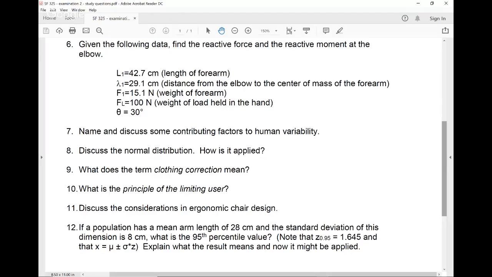And if you remember from the assignment that you did, generally the torque is less than the force. 2.19, we could really round that to 2.2 for the forearm. 2.2, this would be Newton meters.